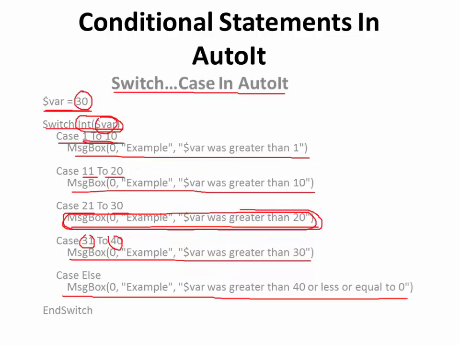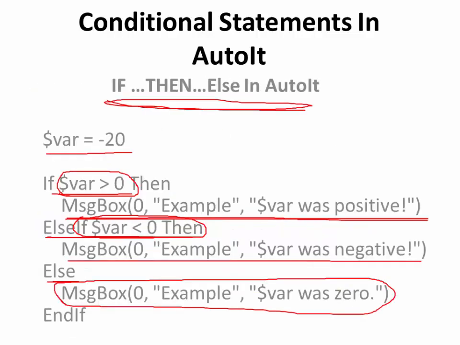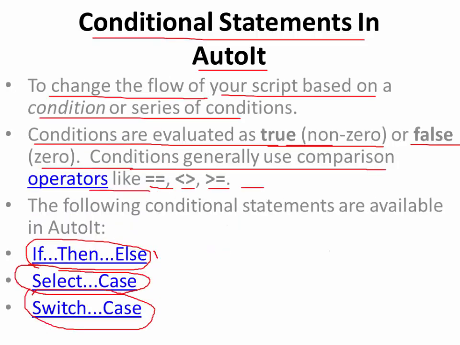So here we have discussed three different statements: if then else, select case, and switch case. All of these can do the same task, but if we have a small number of conditions, we use the if then else statement. This is the preferred way.